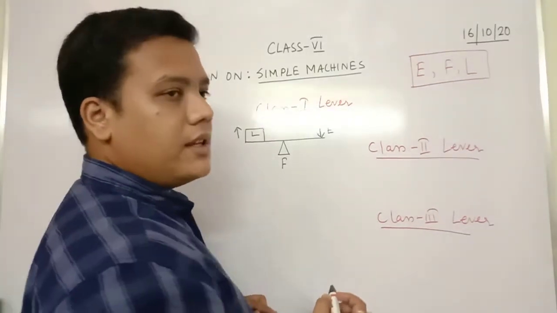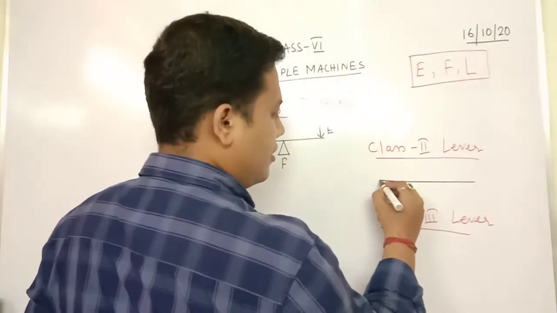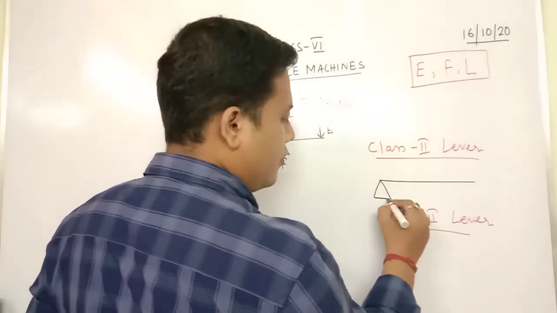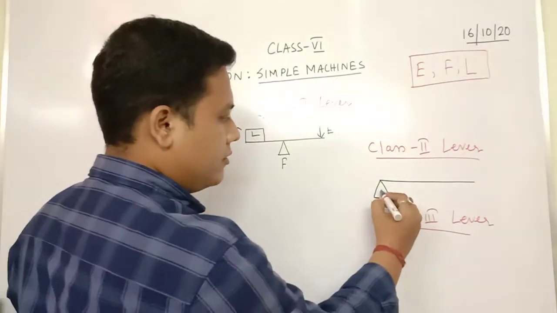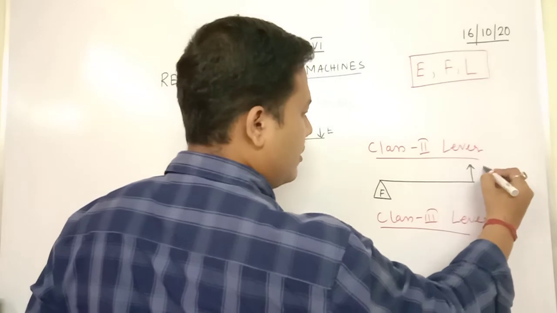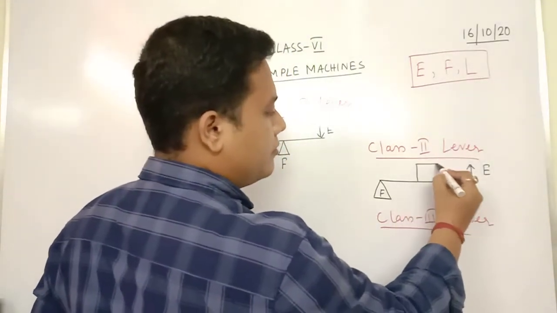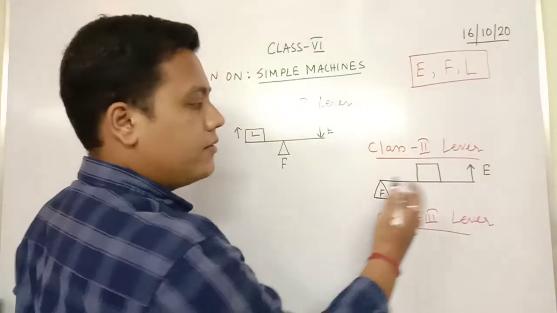Next, how will you justify that it is a class 2 lever? The fulcrum will be at one end and the effort will be on the other end, and the load will be between the effort and the fulcrum.